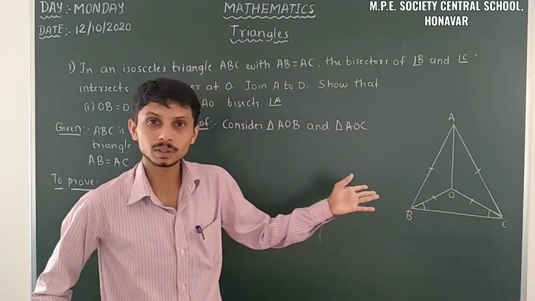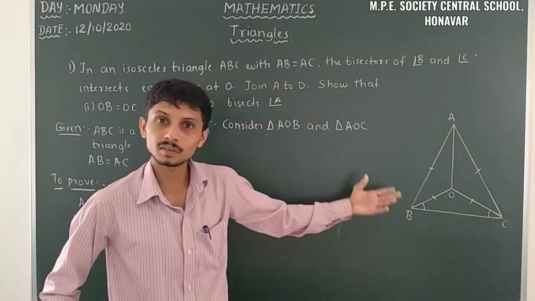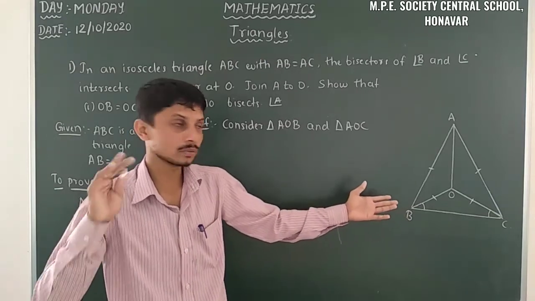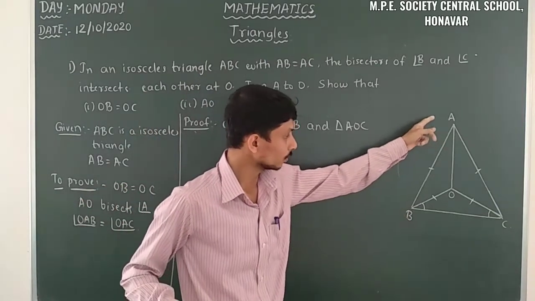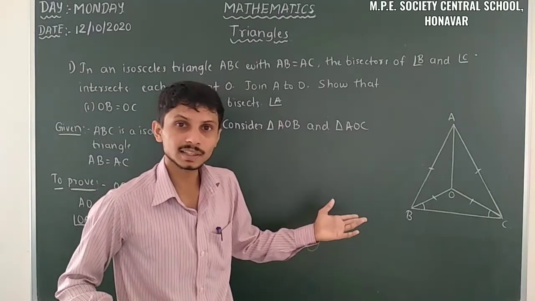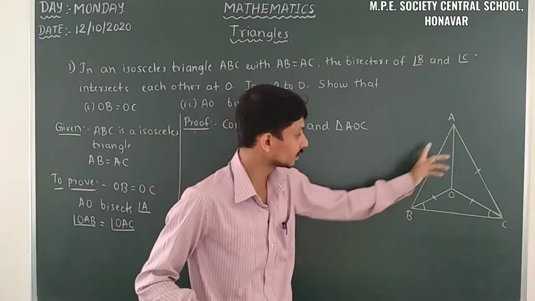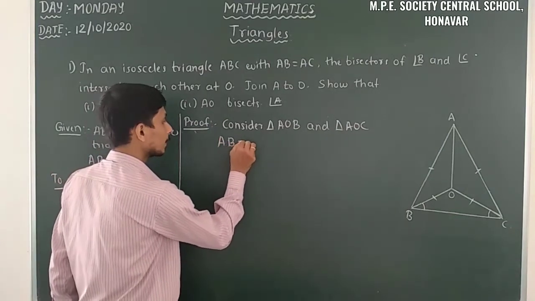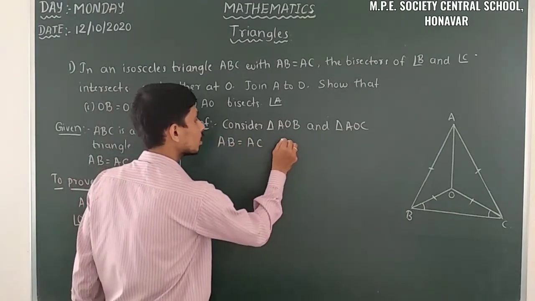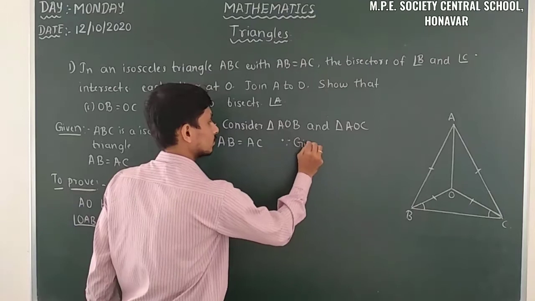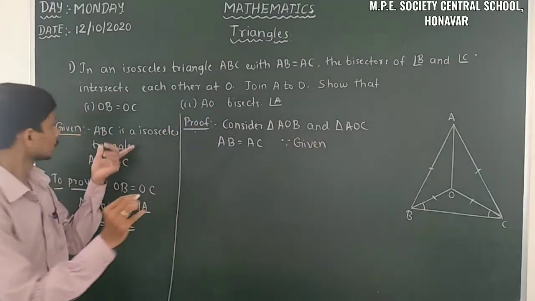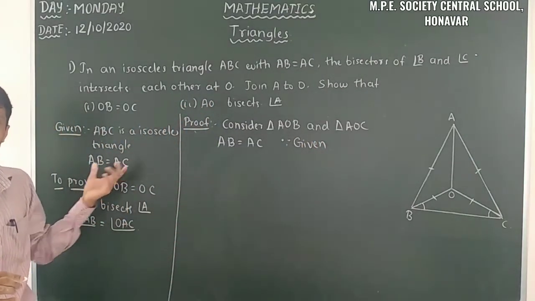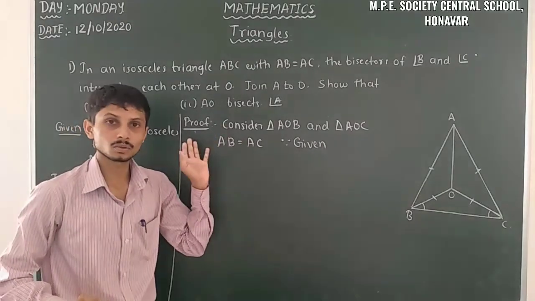What are the corresponding parts? We know that it's an isosceles triangle, so AB is equal to AC. Those two are corresponding parts. AB is equal to AC because it's given, as we wrote in the given part.